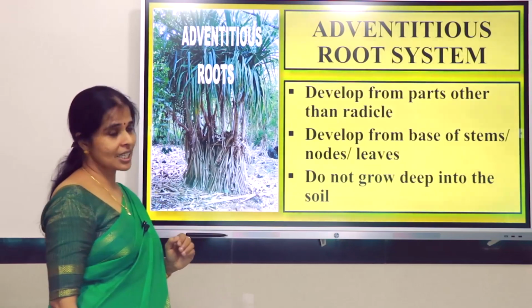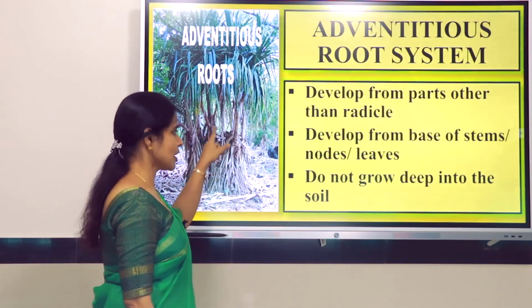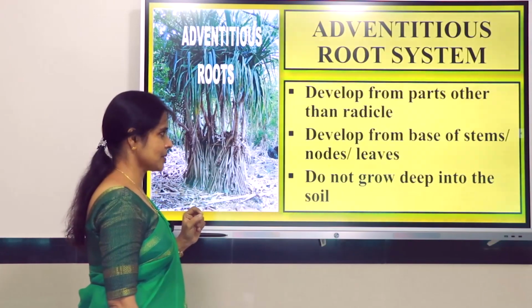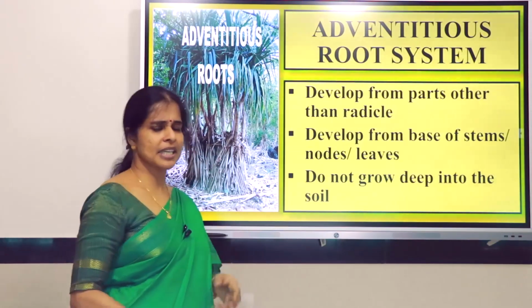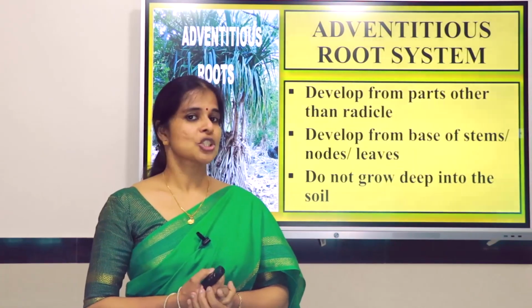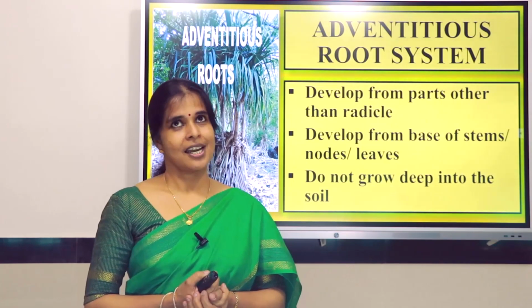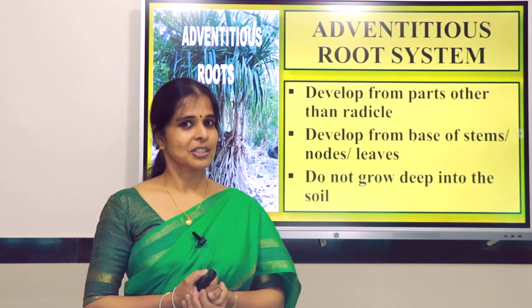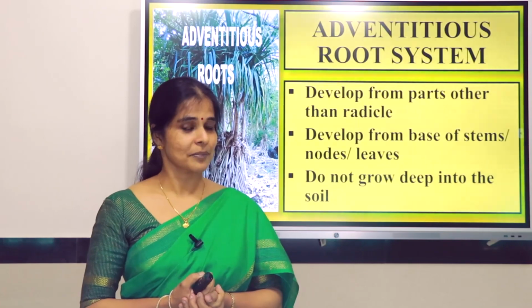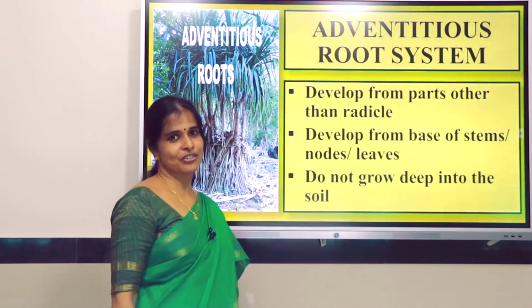They are mostly developing either from the base of the stem, or from the nodes, or from the leaves. There are many examples, such as sugarcane, which you must have seen. From the nodal region, many times the roots are developing from the stem.